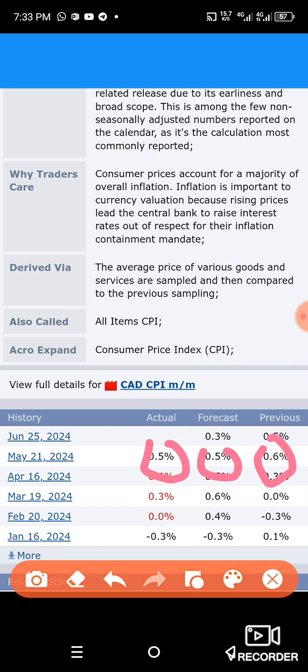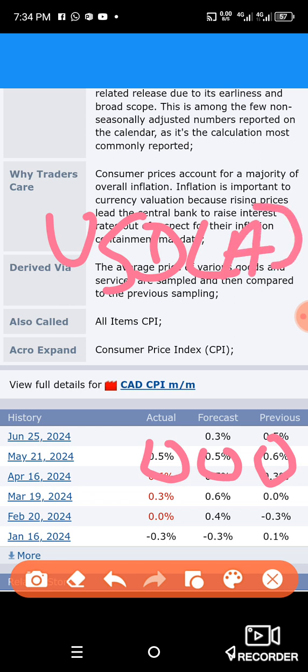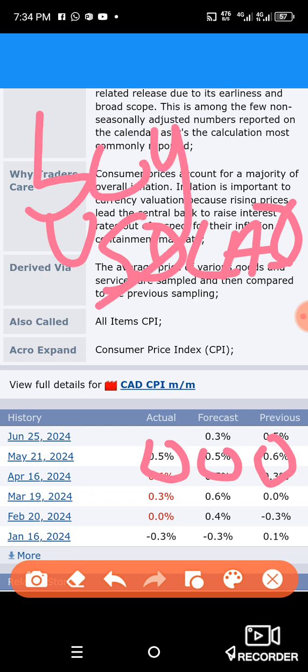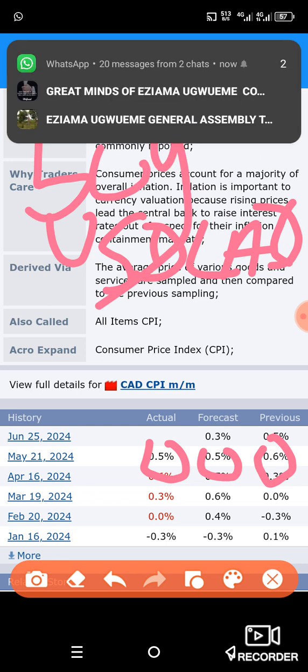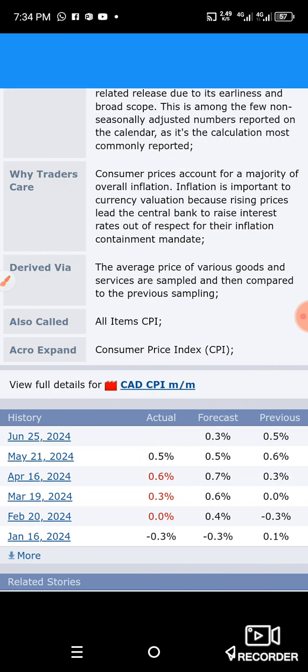This tells you that that day CAD, like something USD CAD is buy that day. If you go and check it, is buy. Yes, USD CAD is buy that day.